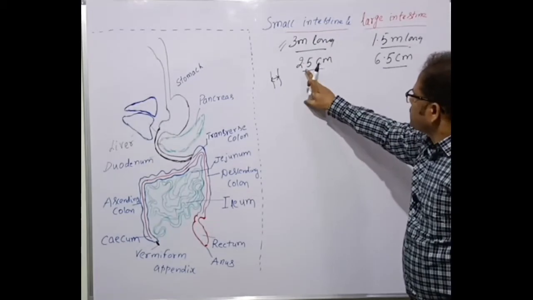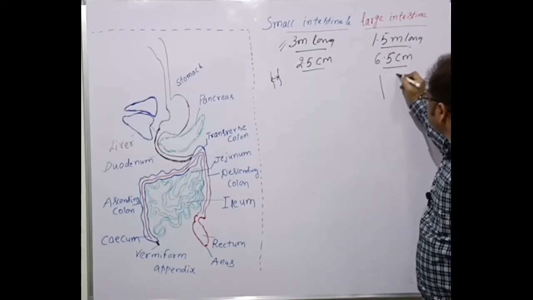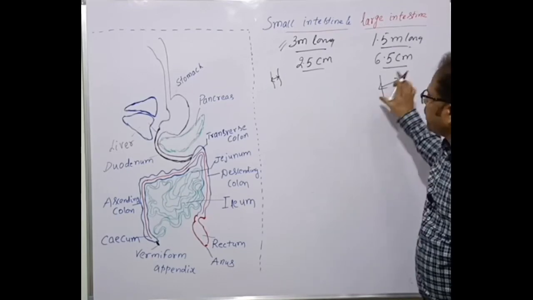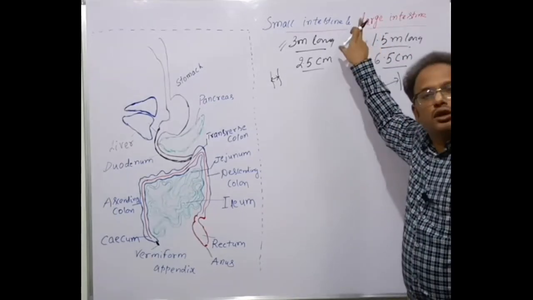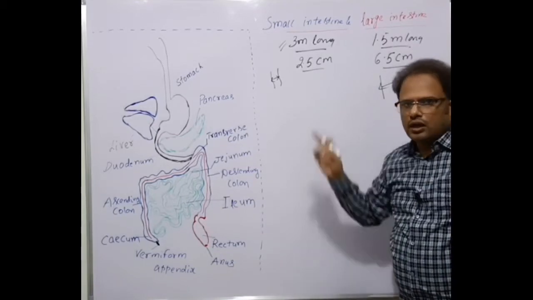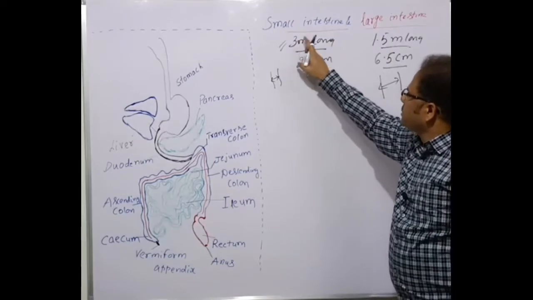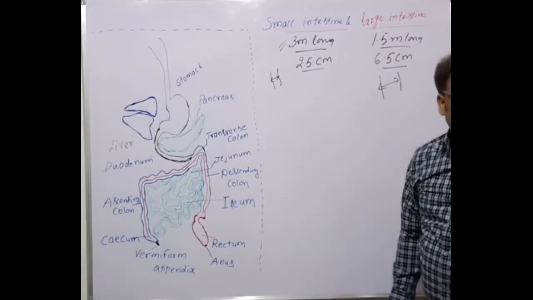But the thickness is much more here. That's why the large intestine is called large intestine, because of the thickness, not the length. This is the measurement of the large intestine, and the small intestine is followed by the large intestine here. Okay, students.